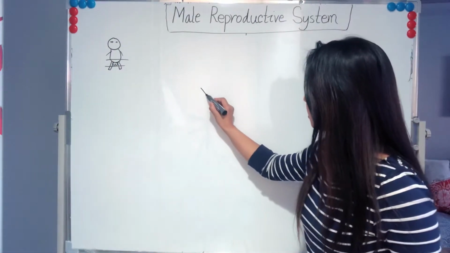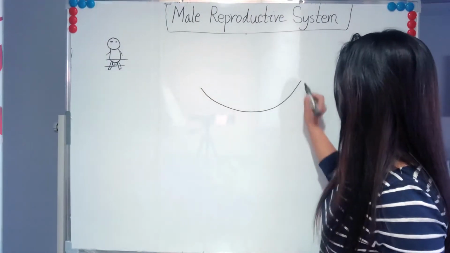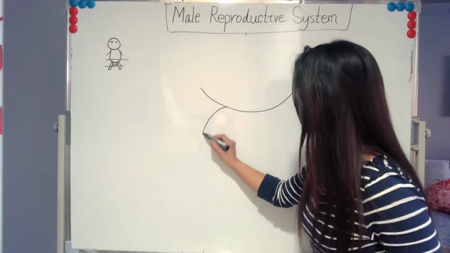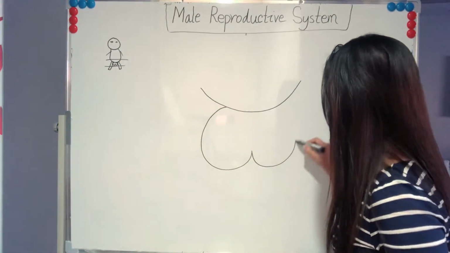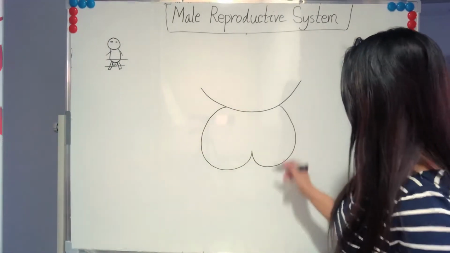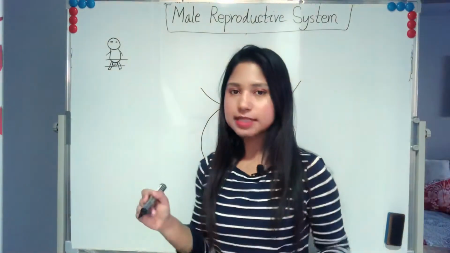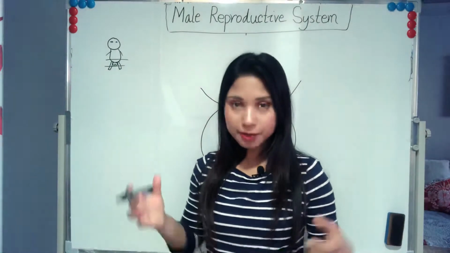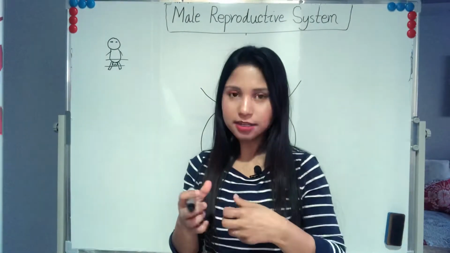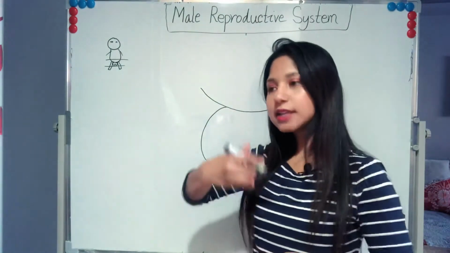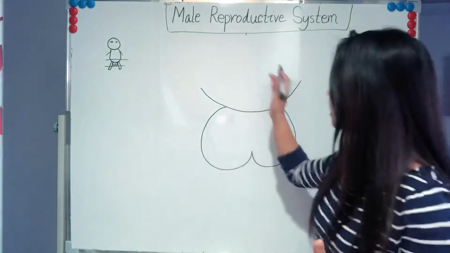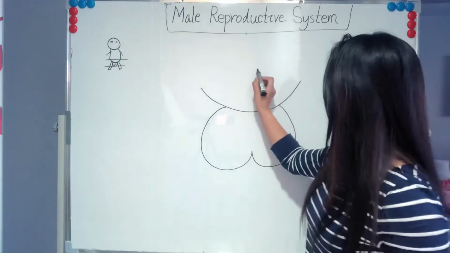This is abdominal cavity and this is scrotum. We know in male, urinary system and reproductive system are connected to each other, but in female, urinary system is different and reproductive system is different. So for male we need to make a urinary system also.